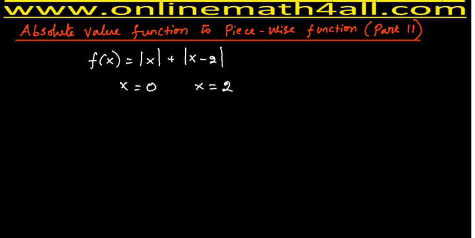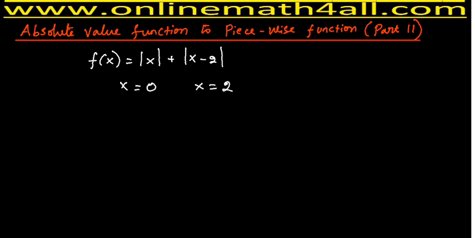So for any absolute value function, if we want to redefine it as a piecewise function, this is the first thing we have to do: find the value of x for which the term inside the absolute value becomes 0. In case you have two absolute values, you have to find two values for x, for which each absolute value becomes 0. Here we have two absolute values in our function.